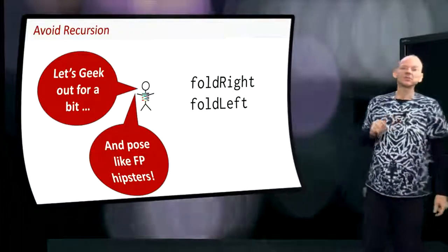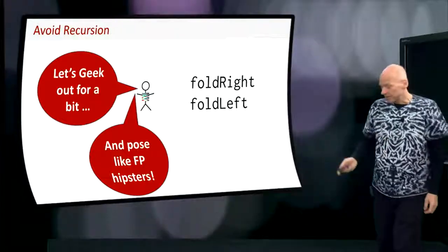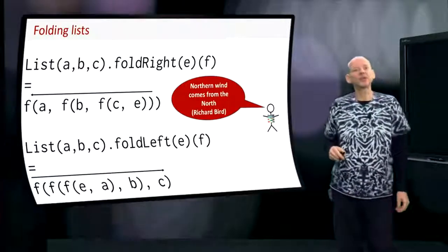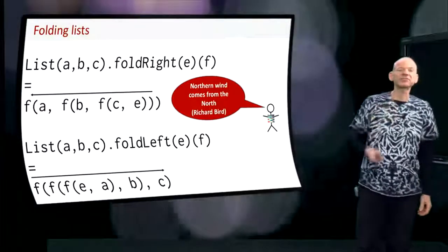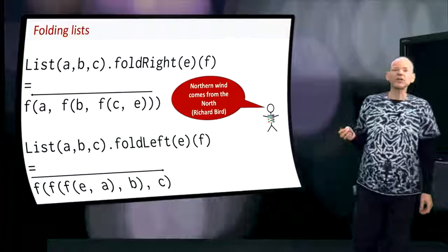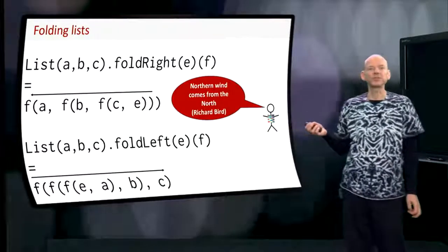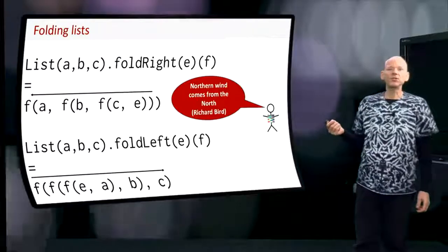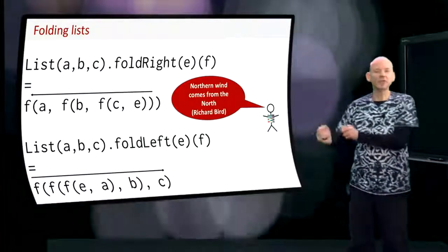What we're going to do is use foldRight and foldLeft. So let's refresh our memory on what these are. foldRight takes a list, in this case a list with values a, b, and c. It takes a neutral element, e, and a combination function, f. This foldRight folds the list from right to left.